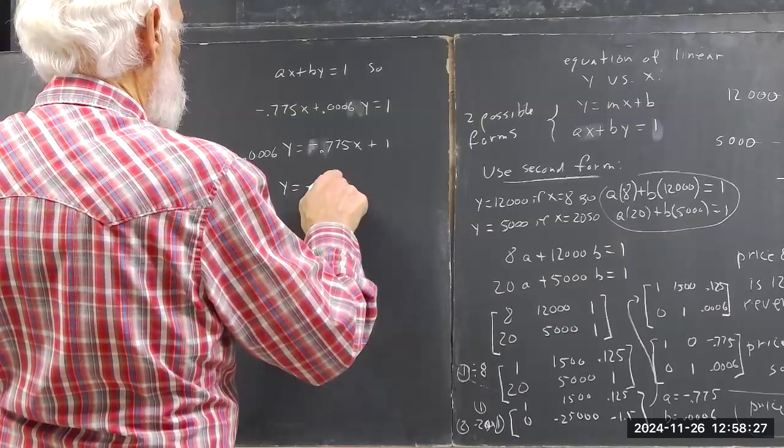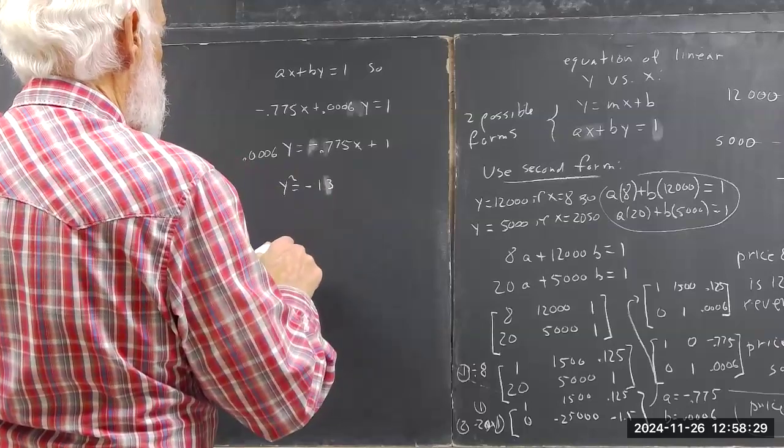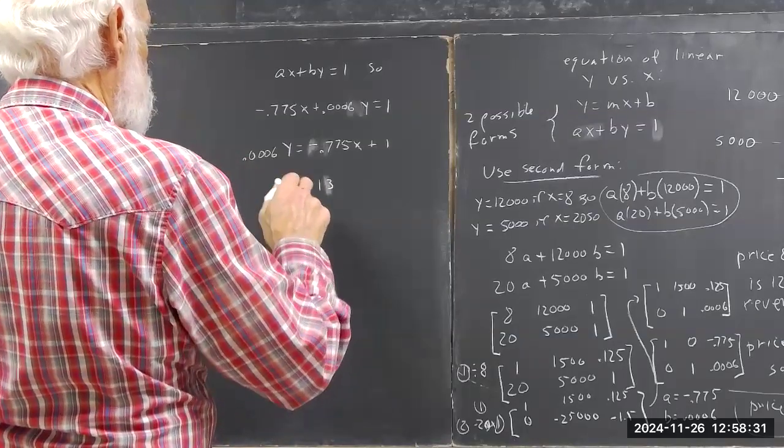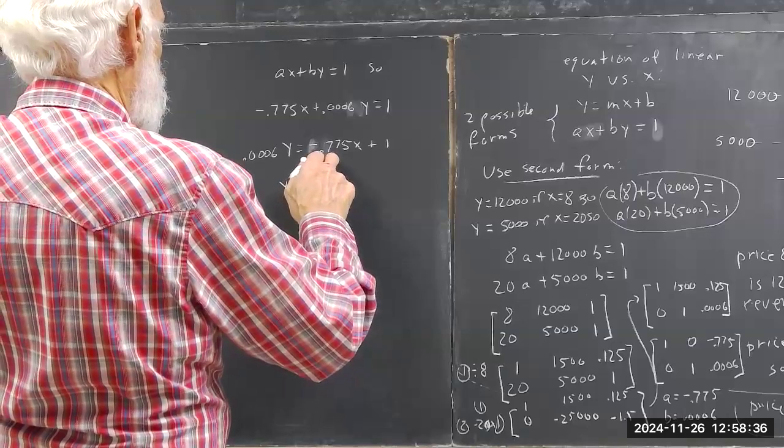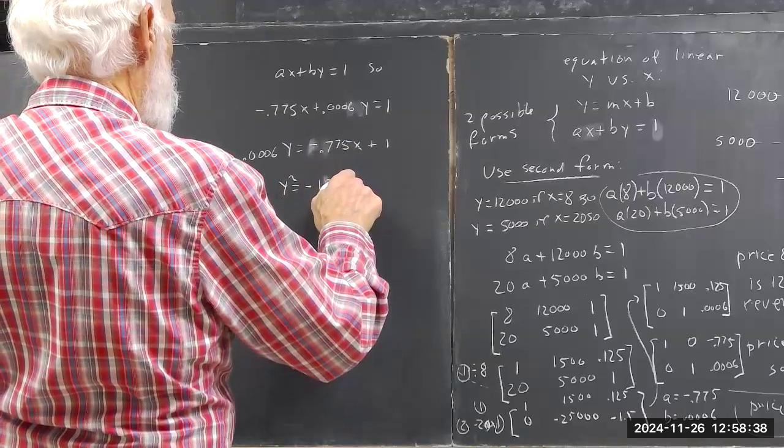If I get 1, 3, where's the decimal going to be? It has to go to 1 with 3 more places.